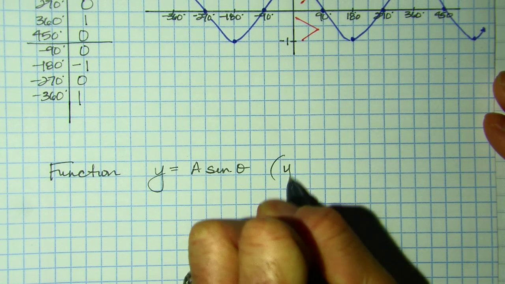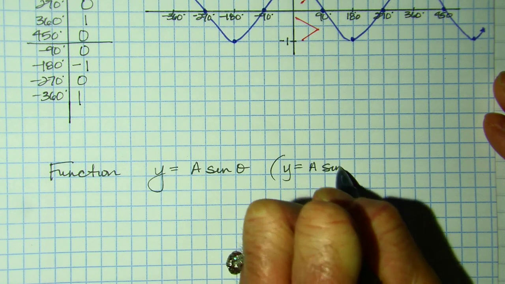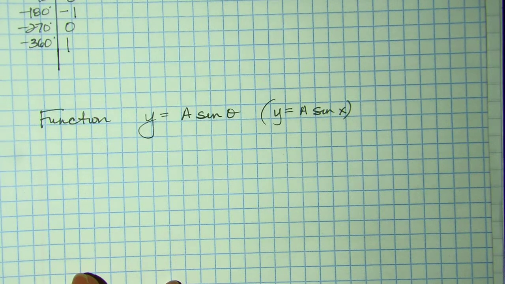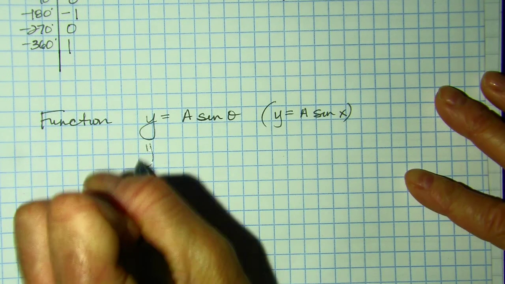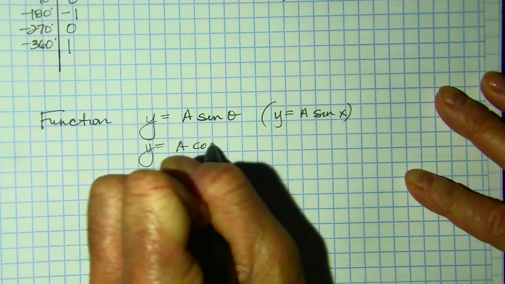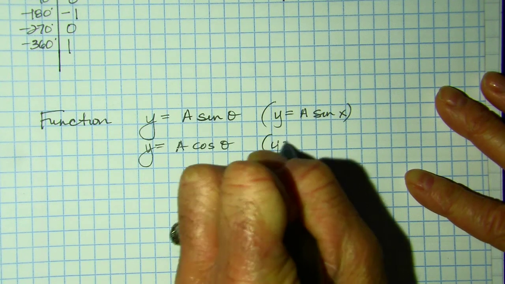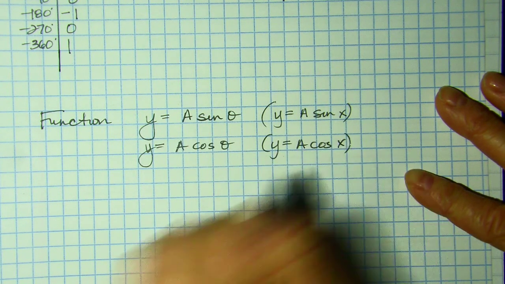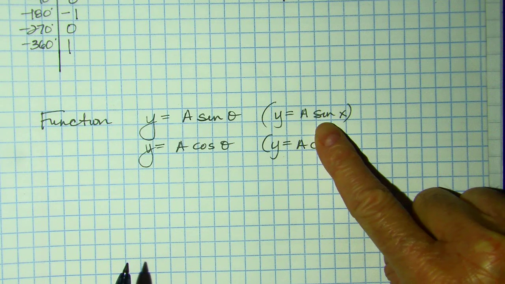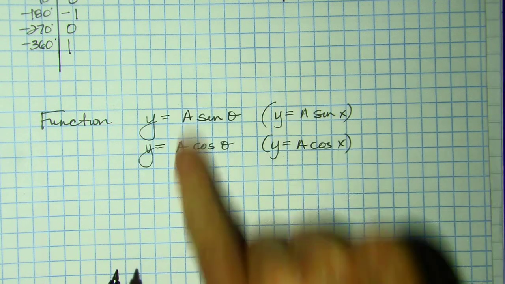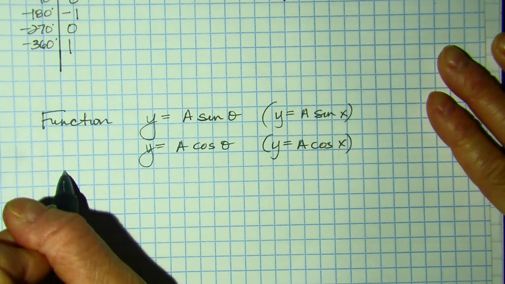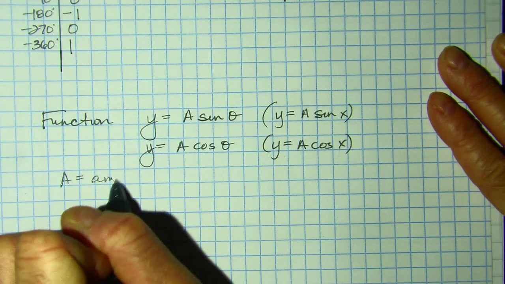Or this would be y equals a times the sine of x. It just depends on if it's in degrees or radians. Or y equals a times the cosine of theta. Or y equals a times the cosine of x. Remember, this just means we're going to have it measured in radians. This is in degrees. A represents your amplitude.